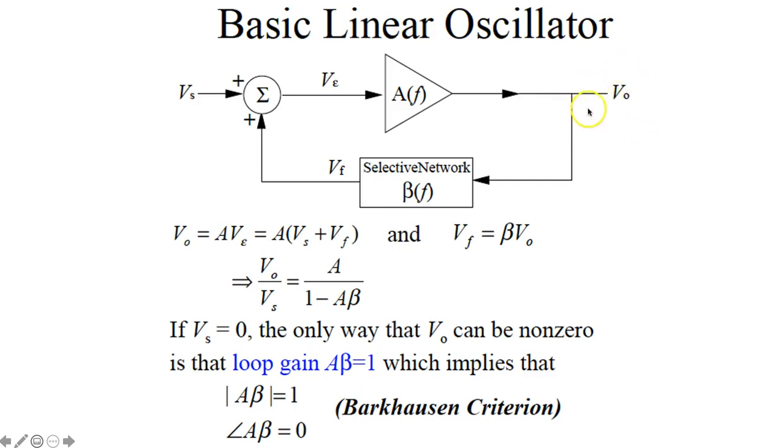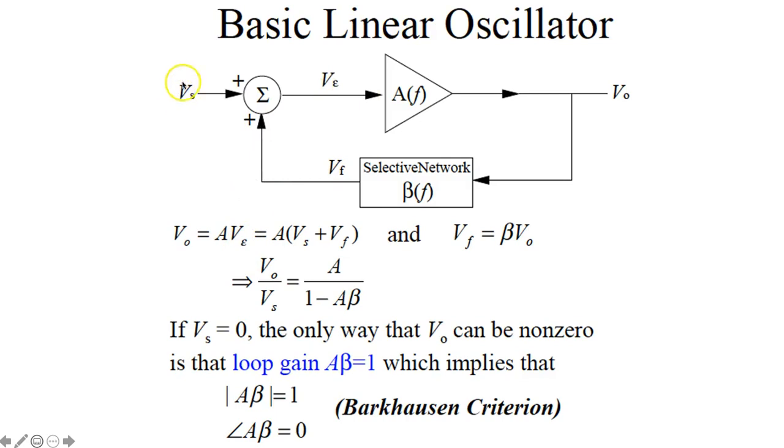V0 is your output voltage, and this V0 should be equal to the input voltage times some gain A. So V0 is equal to A Ve, where A is the gain and Ve is the input voltage. And what is Ve?